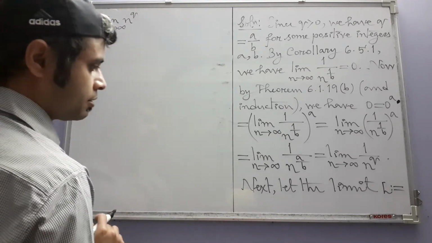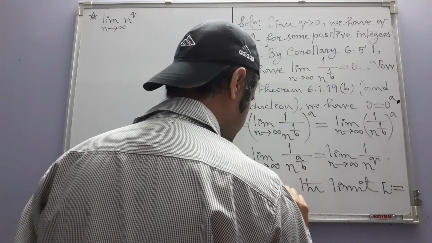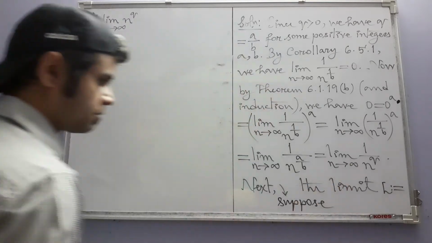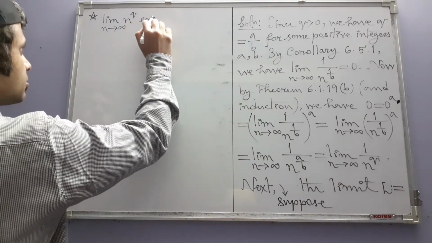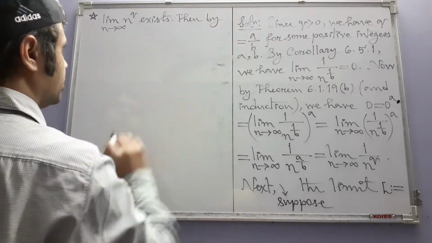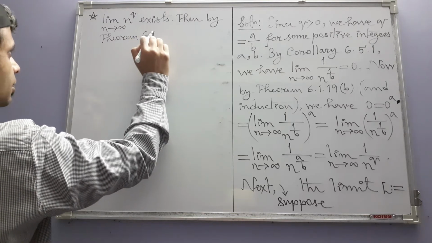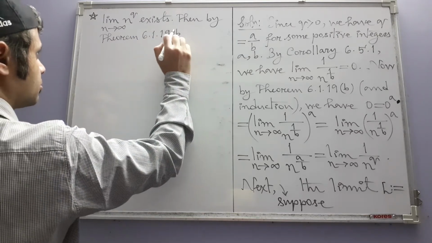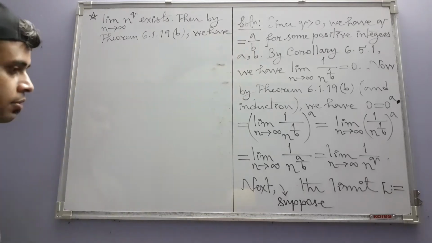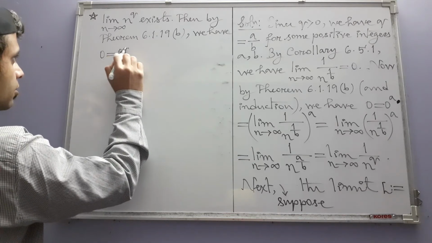Let the limit, or we can, of course, write suppose the limit L exists, then by the limit laws, specifically part B of theorem 19, 0 equal to 0L.